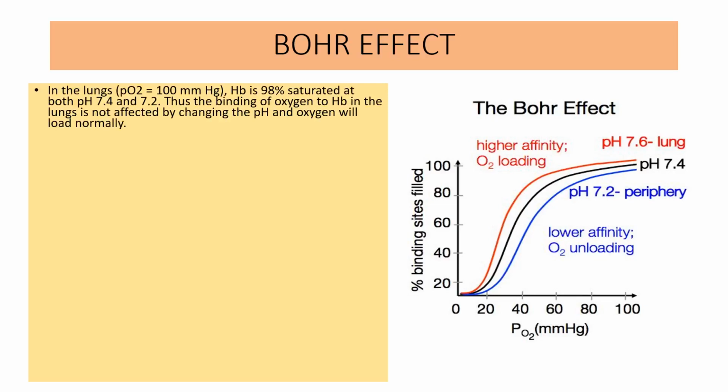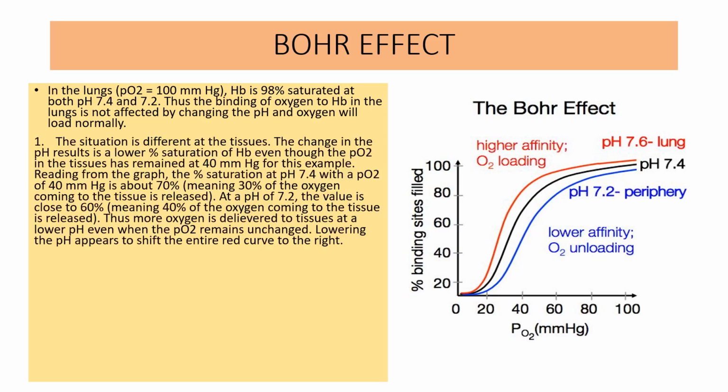So in the lungs, partial pressure of oxygen is almost 100 mm of Hg and hemoglobin is 98% saturated at both pH 7.4 and 7.2. Thus, the binding of oxygen to hemoglobin in the lungs is not affected by changing the pH, and oxygen will load normally.